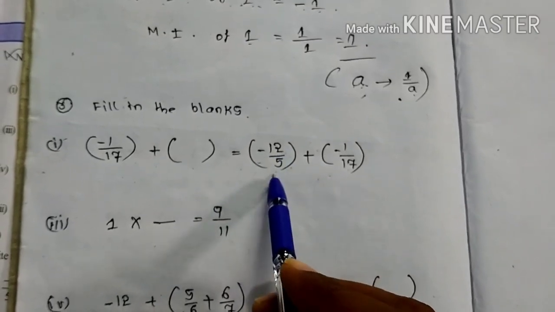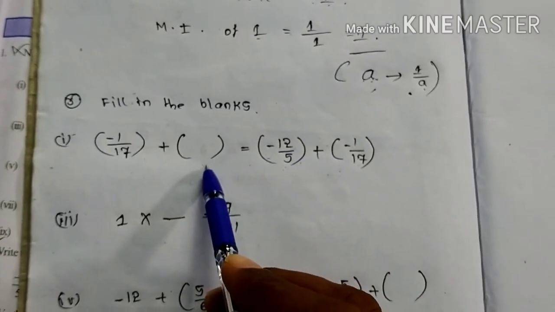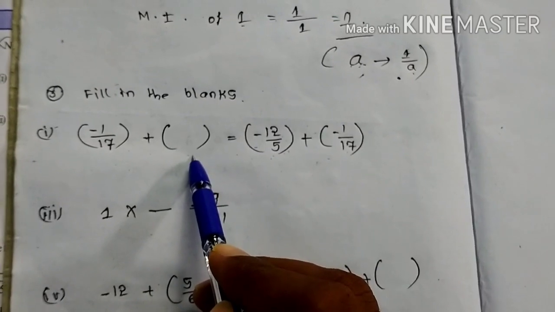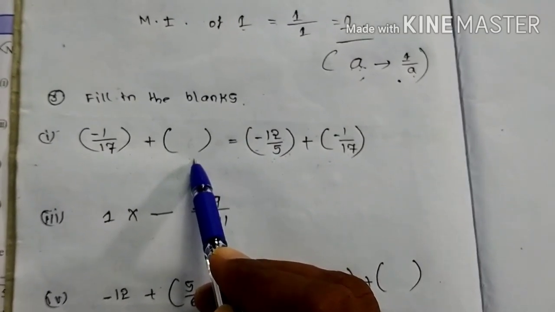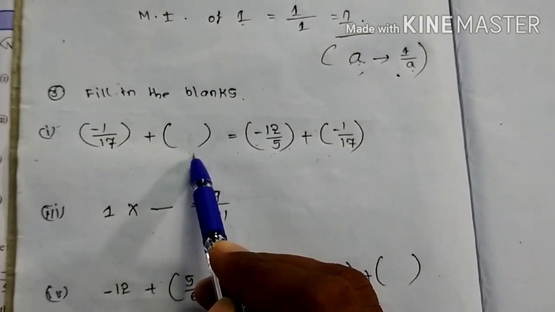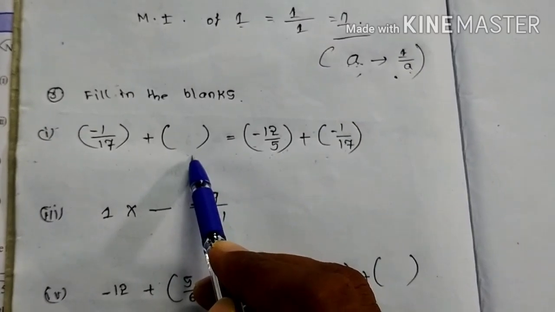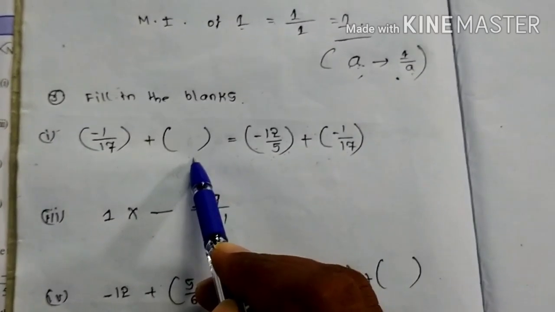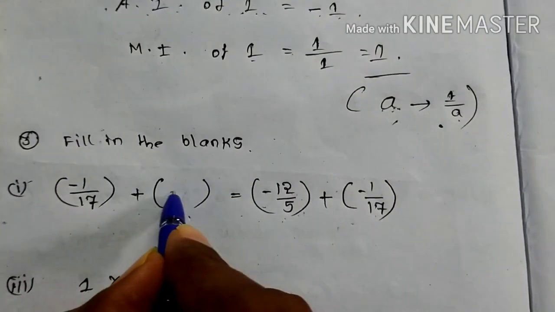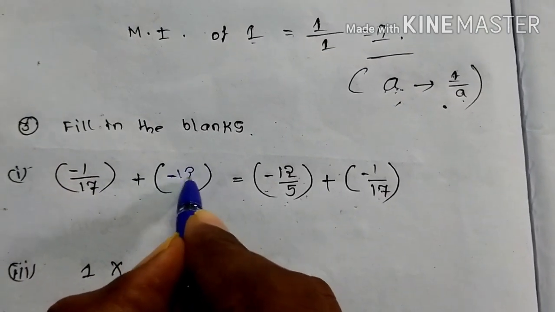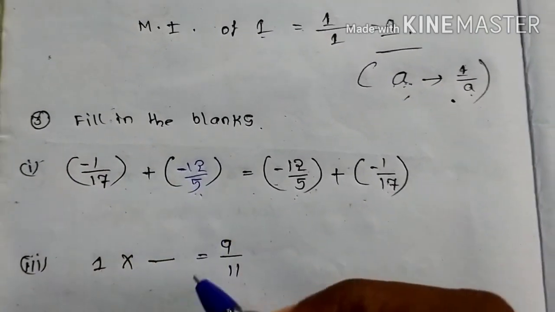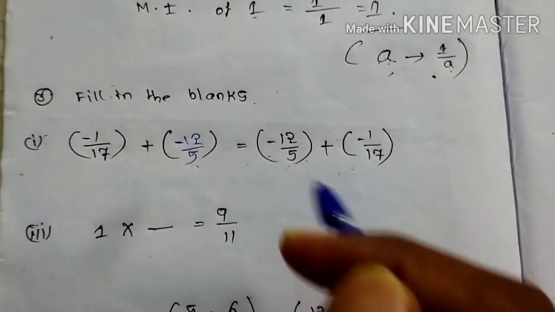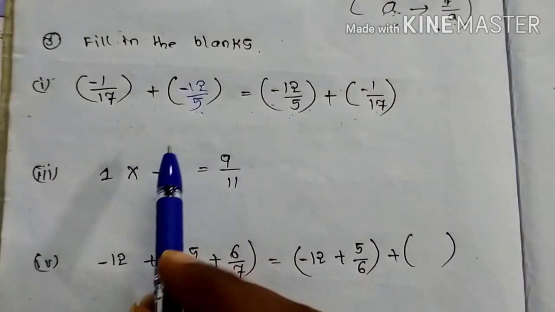Which property have we already learned? The commutative property: A plus B is equal to B plus A. Yes or no? 2 plus 3 is equal to 3 plus 2. In the similar way, you can write the direct answer here as minus 12 by 5.